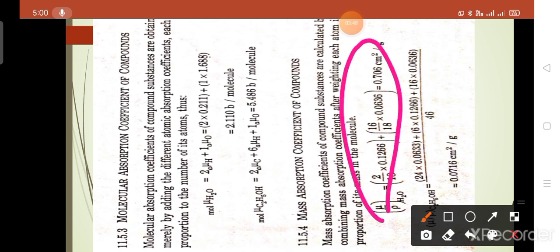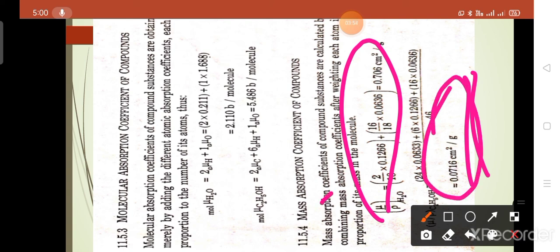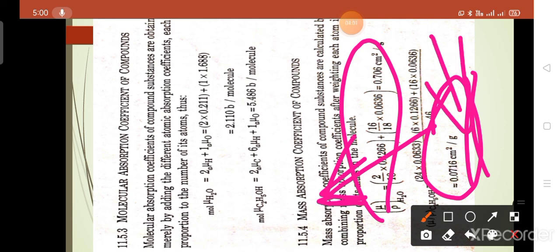By calculating this equation we got the final answer, 0.0706 centimeter square per gram, because here the mass is given, that's why we take the unit of mass, gram. That's why we got this answer. Okay, thank you. The next part we are going to see in the next lecture.